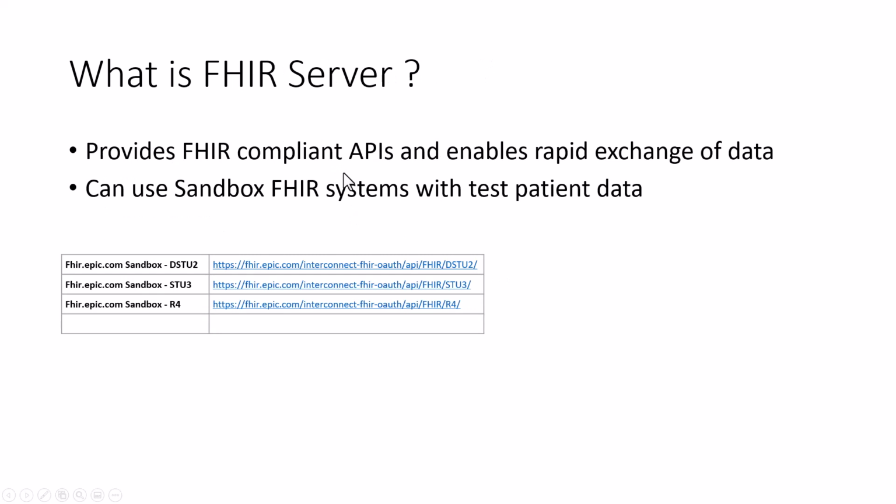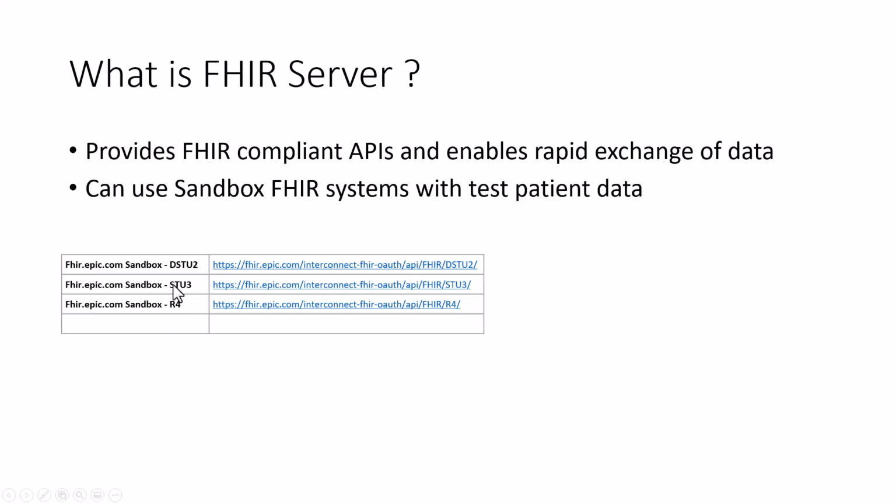Now, what is a FHIR server? There are multiple FHIR compliant APIs. This service is offered by a variety of companies, and what it allows us to do is rapidly exchange data. Before we jump into the production FHIR services, we can use sandbox FHIR systems with test patient data.